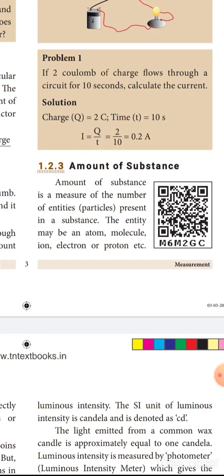Now the amount of substance is a measure of the number of entities present in a substance. Take any one substance: how many particles are present in it, that is amount of substance. The entity may be an atom, molecule, ion, electron or proton.